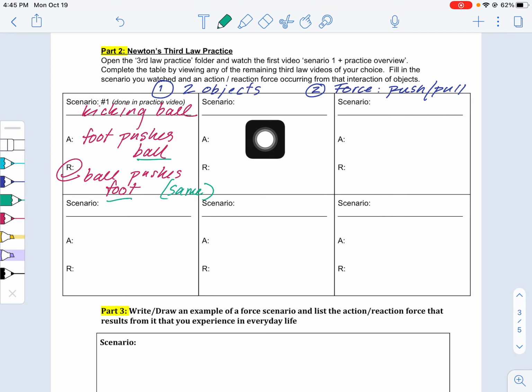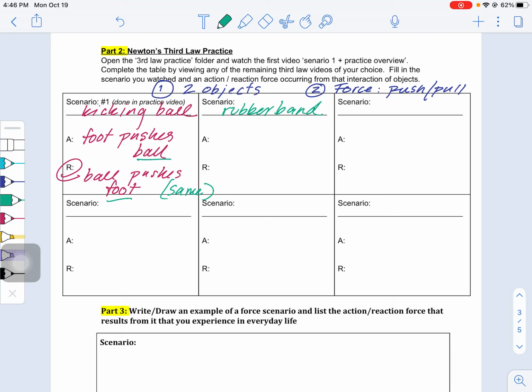There were lots of different options for you to fill in here, and lots of the scenarios had multiple action-reaction forces happening in them. So there are lots of different ways that you could have completed this sheet. But if we're thinking about some of the scenarios, there was a rubber band, right?